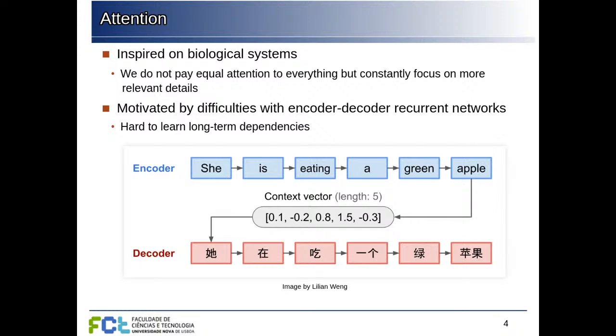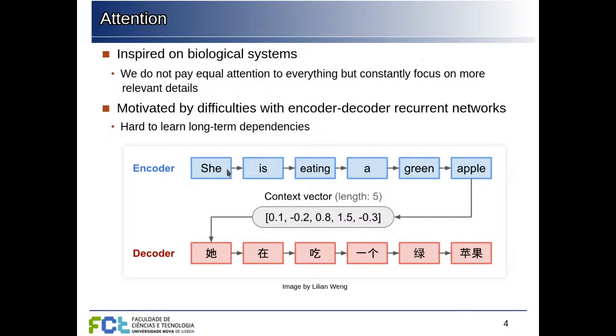And the motivation for this was initially the difficulties with encoder-decoder recurrent networks. So imagine that you are creating an encoder-decoder network to translate between English and Chinese, and the technique here is to use a recurrent network that will convert the sequence of words into a fixed-length representation, and this will then feed into the decoder, and the decoder will use each symbol generated along with this context vector to decide what the next symbol is.